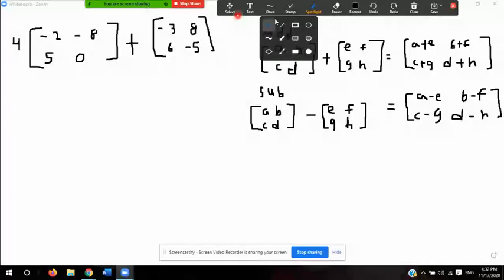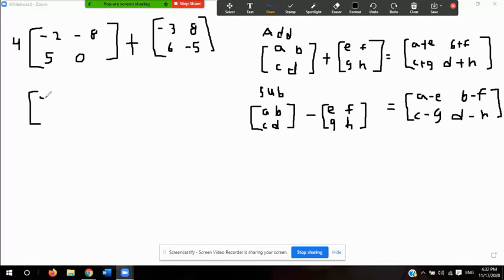So the first thing we're going to do is multiply 4 times negative 2, which is going to be negative 8. And then you're going to multiply 4 times negative 8, which is going to be negative 32. And then we're going to multiply 4 times 5, which is 20 down here. And of course, 4 times 0, which is 0.